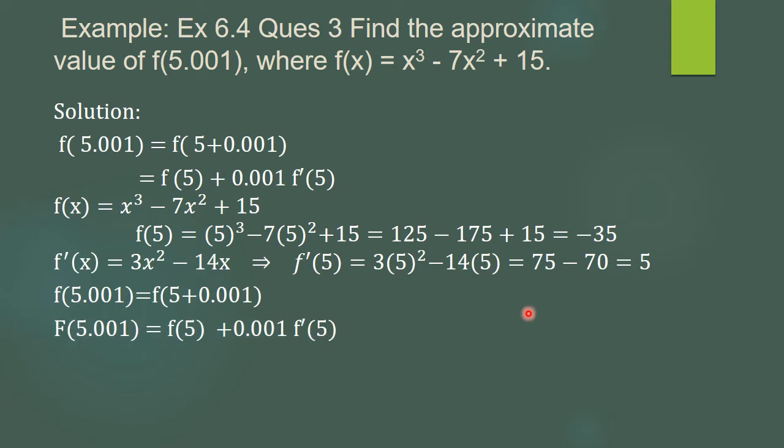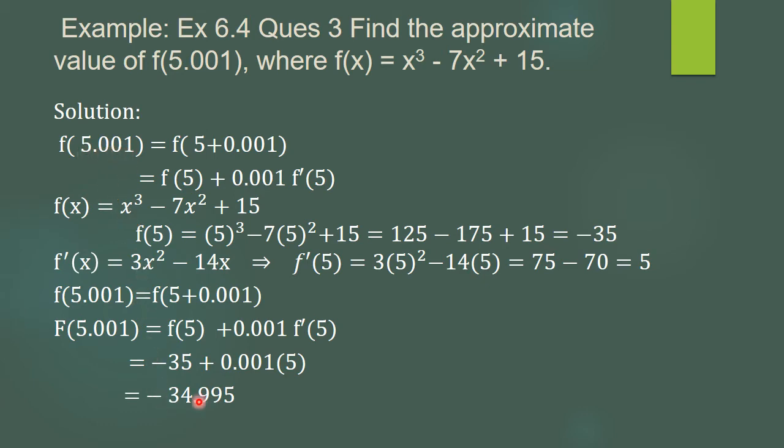Now we will use the formula. f of 5.001 is f of 5 plus 0.001 into f dash of 5. So replace the values. That is minus 35 plus 0.001 into 5, and when we simplify we get minus 34.995, and so we get f of 5.001.